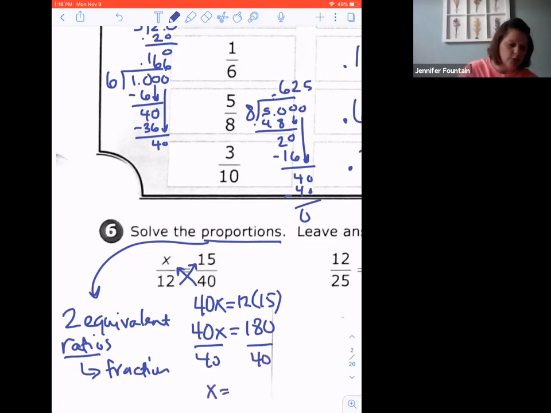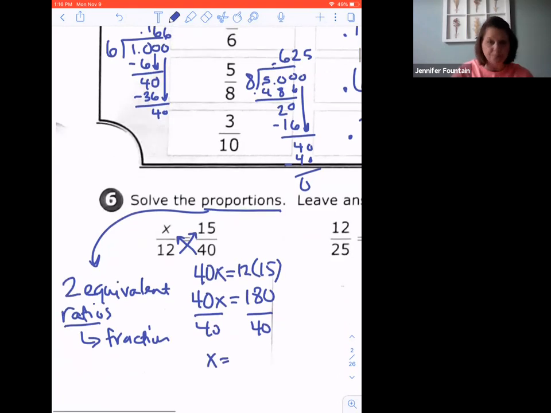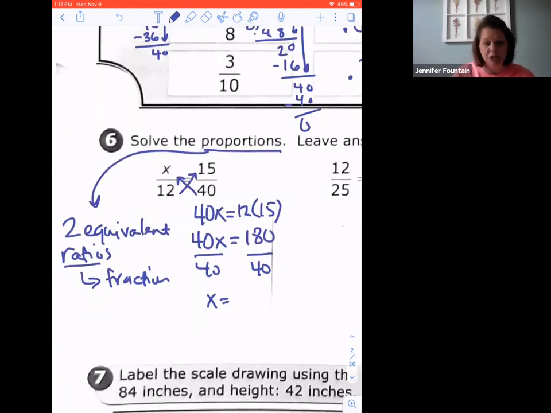So x is equal to 180 divided by 40. Again, in this situation, I can divide 40 into 180. 40 will go into 180 4 times. 4 times 4 is 16. So I've got 160. 180 minus 160 is going to be 20.